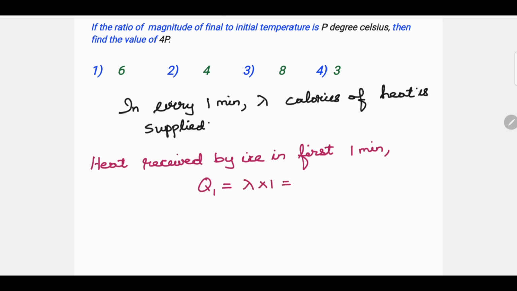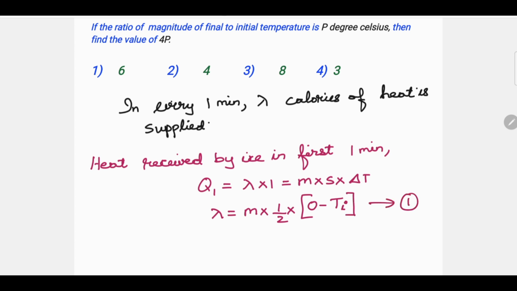So when ice is getting heat and its temperature is increasing, then it indicates ms delta T. So m into s into delta T. That means lambda equals m into, we don't know exactly what is the value of mass, let it be m, m into 1 by 2 into delta T. Delta T means initially its temperature we don't know. Final temperature is 0 degrees Celsius minus Ti, initial temperature Ti. So this is equation number 1.